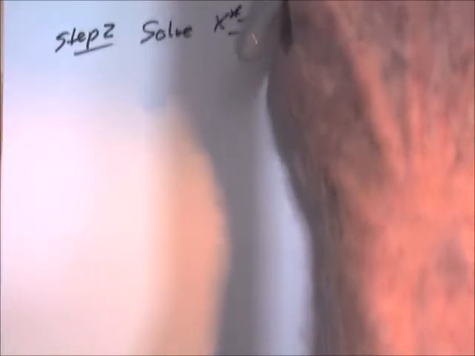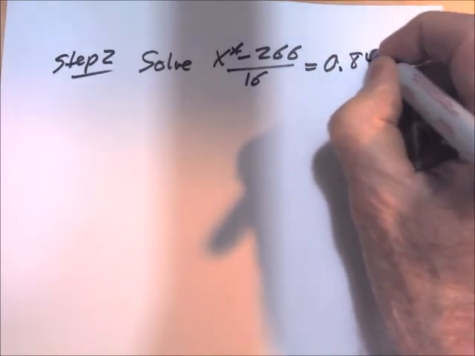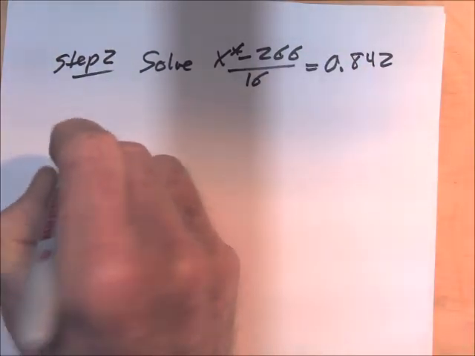Okay, and then step 2, we want to find the x score that goes with that z-score. So step 2, we want to solve (x star minus 266) over 16 is equal to 0.842. Again we multiply both sides by 16.